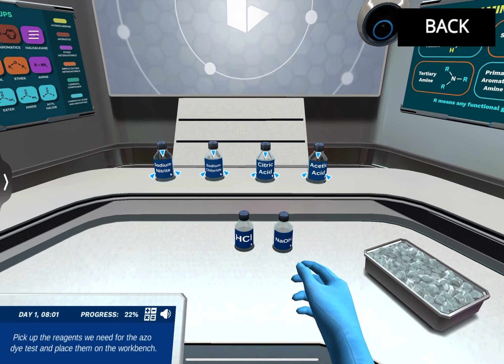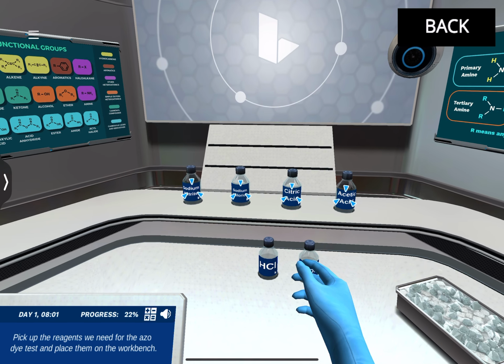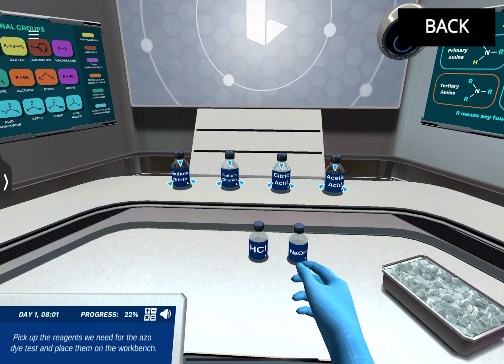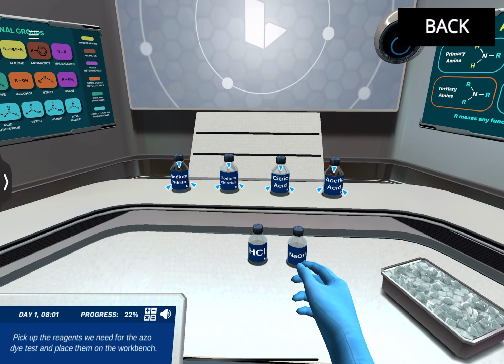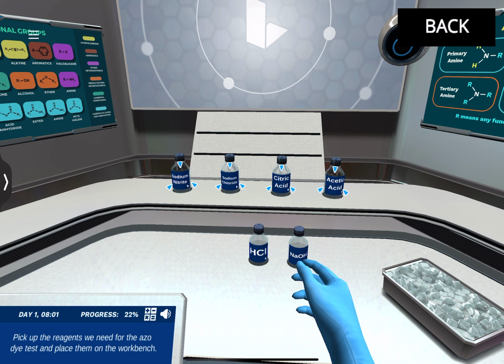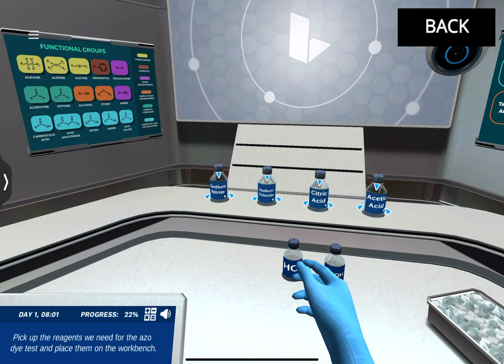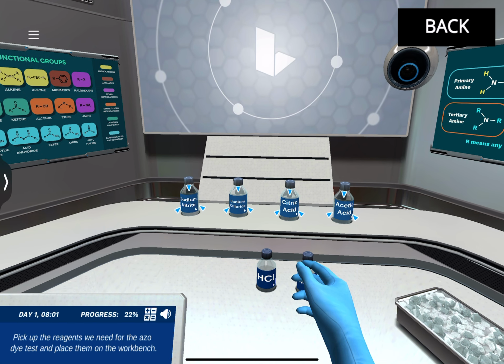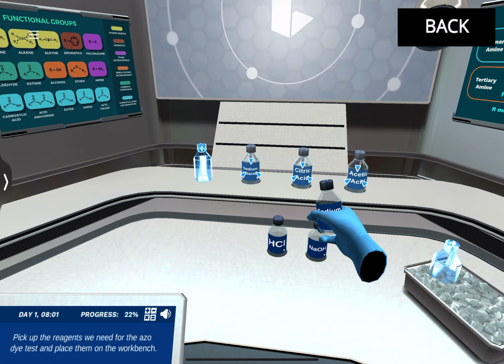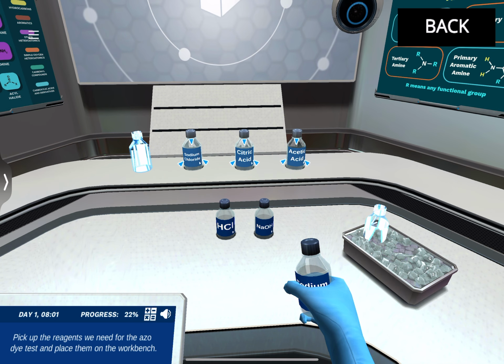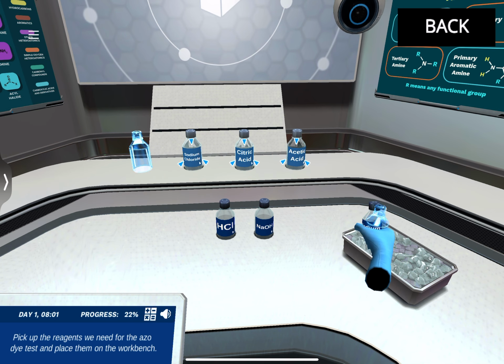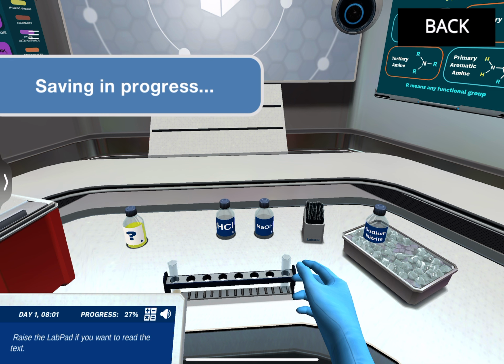The nitrous acid can then react with a primary aromatic amine to form a diazonium salt. You are correct. Sodium nitrite is used to make nitrous acid.